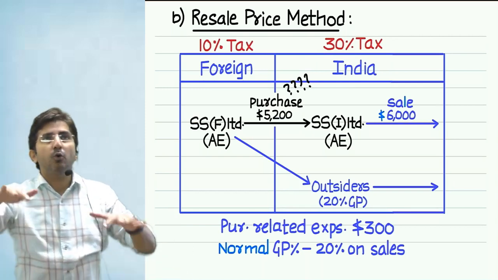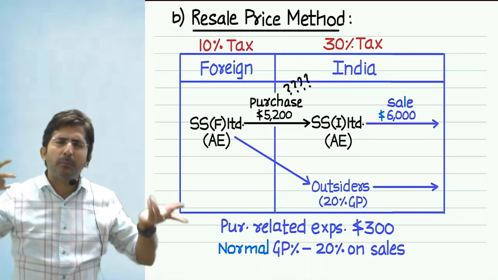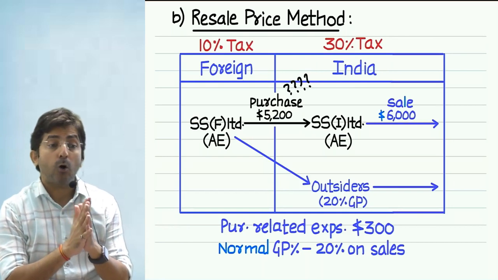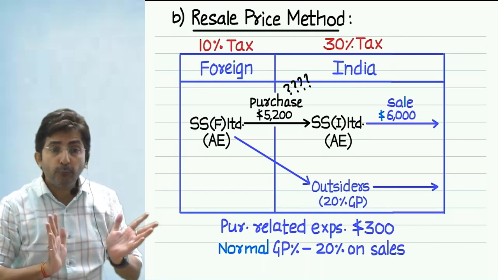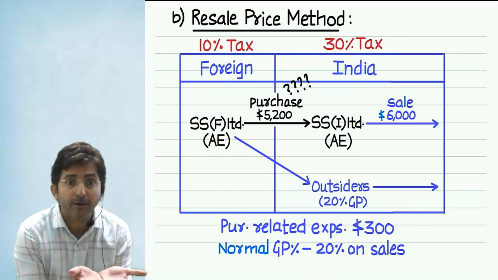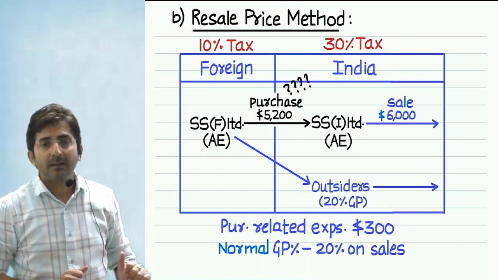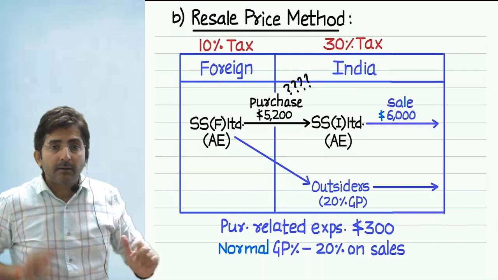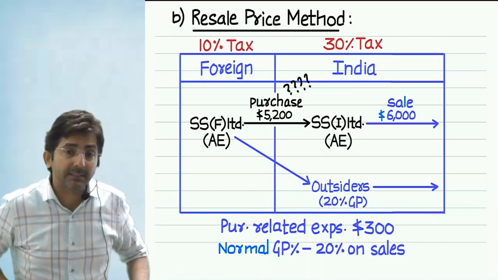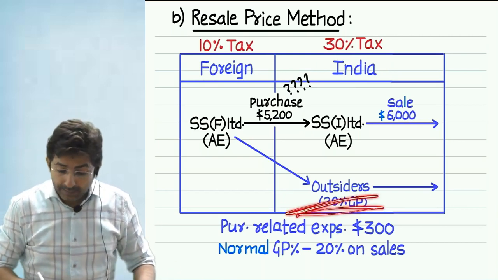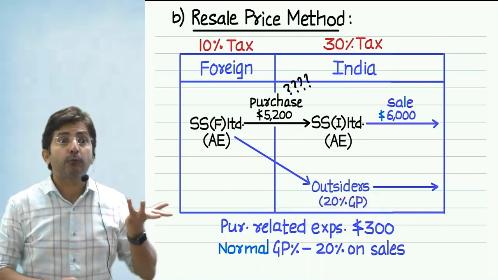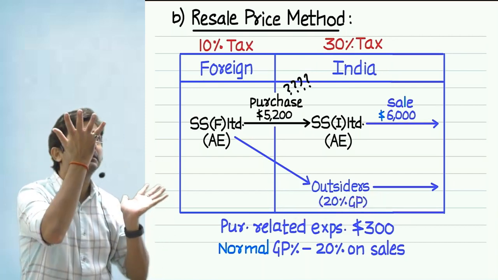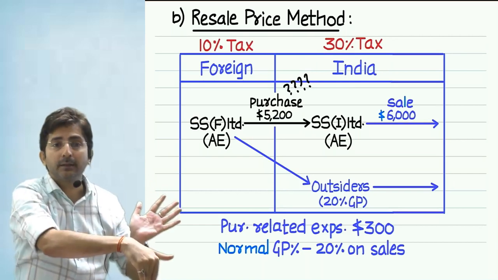See, always you don't have to use this hand. You can use your brain also. You have to simply focus on what you know, the outside price. If you feel the outside price is FOB, increase it. FOB is lower, right? So increase it. And vice versa, if the outside price would have been CIF, your mind should work like: outside price CIF means it is high, so reduce it.